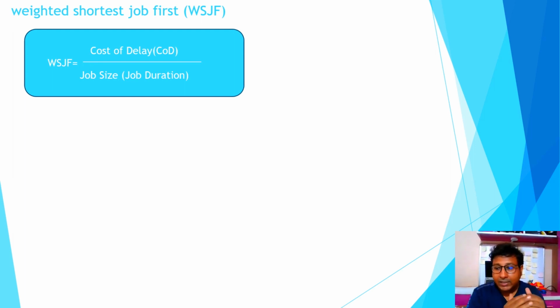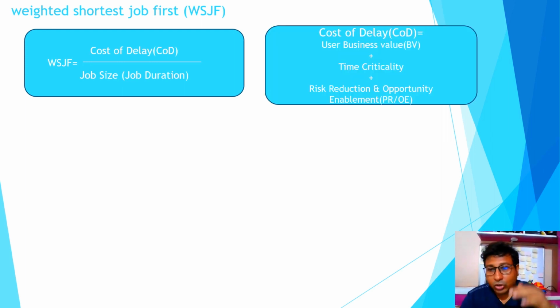That means until you deliver the job, that is your cost of delay. Cost of delay is calculated based on three parameters: user business value, time criticality, and risk reduction and opportunity.